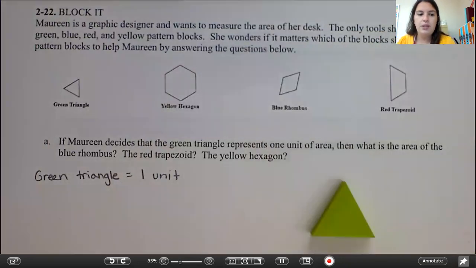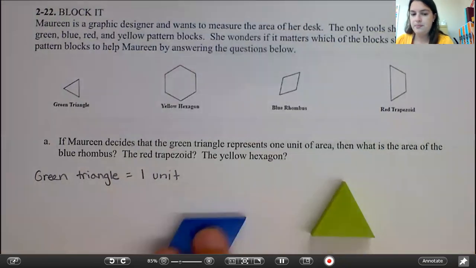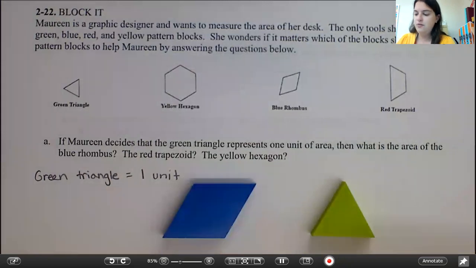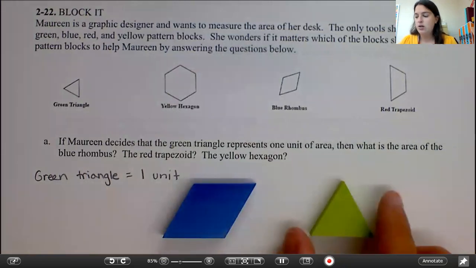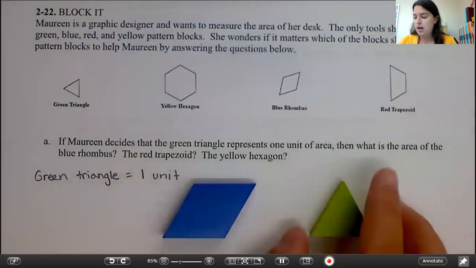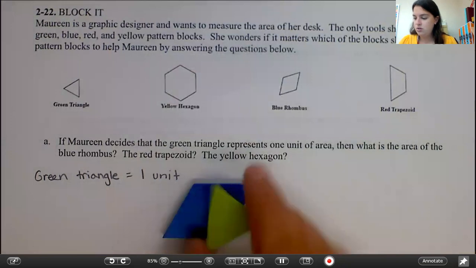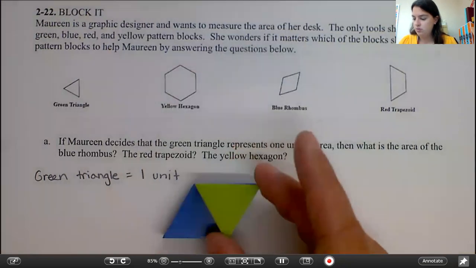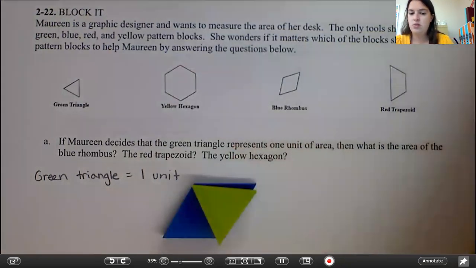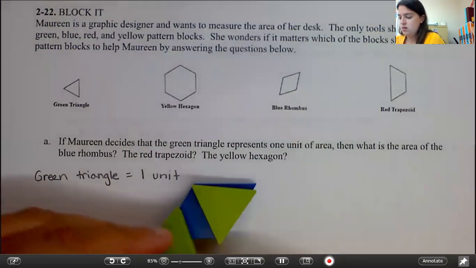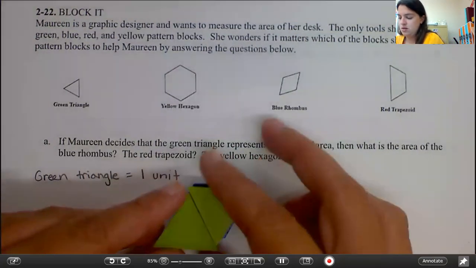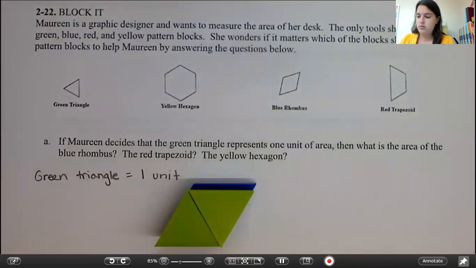We need to figure out what the area of the blue rhombus is. So if you have a rhombus, and we need to figure out what the area of this is, you're going to want to stack your green triangle on top to see how many it takes to fill it up. You might have to move them a little bit, but there's 1 triangle, 2 triangles.